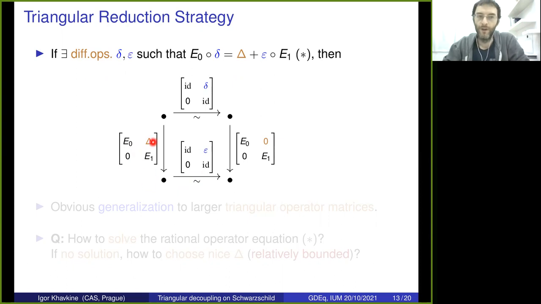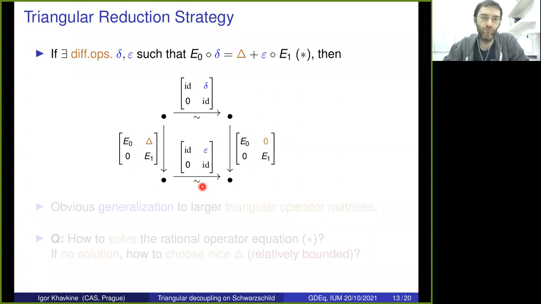Suppose I have a block upper triangular operator in this form. It has some off-diagonal block, and I'm asking the question: does there exist some equivalence that maps this operator into this one? It has the same diagonal blocks, but the off-diagonal block is now 0.